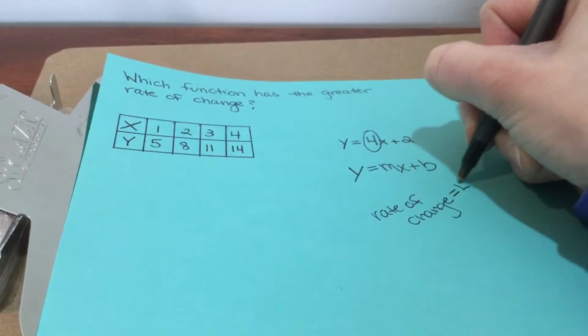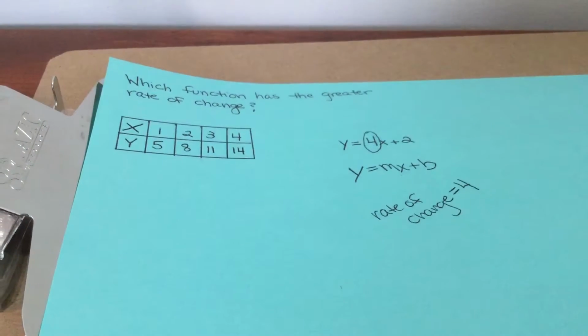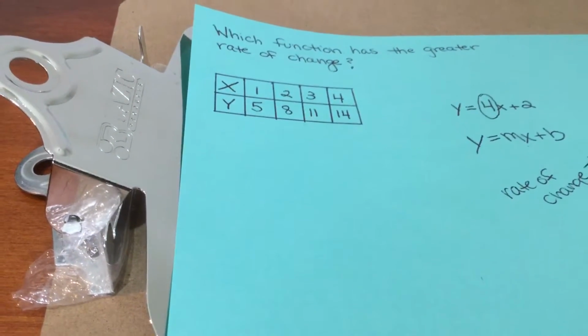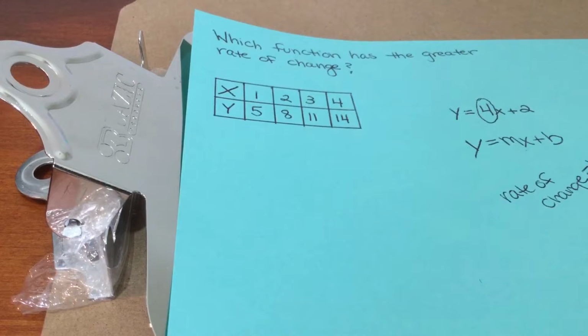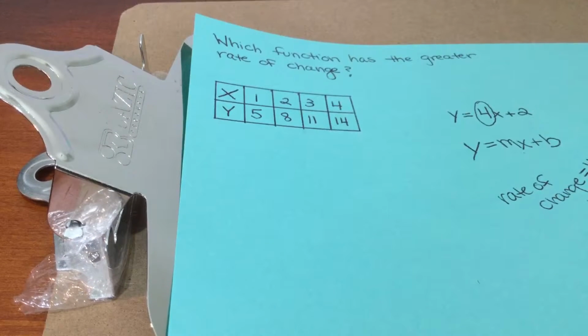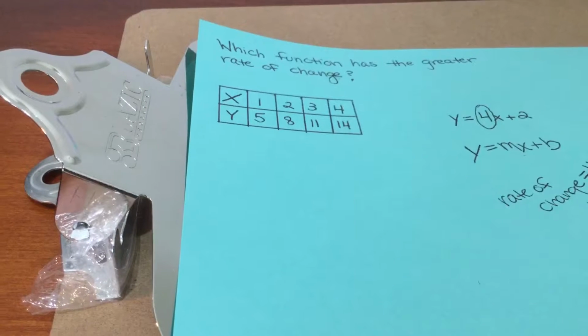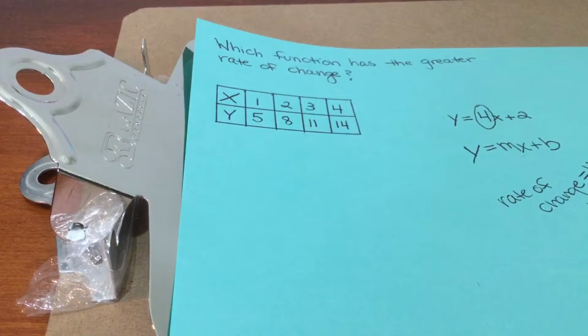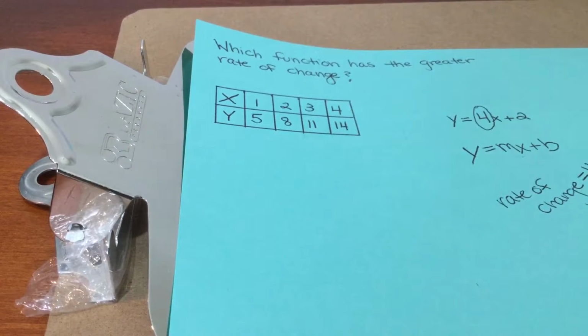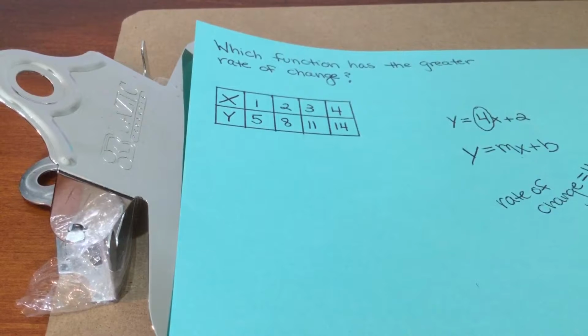is equal to 4. All right, but what about this table over on the left here? How am I supposed to figure this out? Well, luckily we have 2 points. And if we have 2 points, we can find the slope. So we can really select any 2 points that we want to. It doesn't matter. I know a lot of you guys tend to just pick the first 2. That's fine.